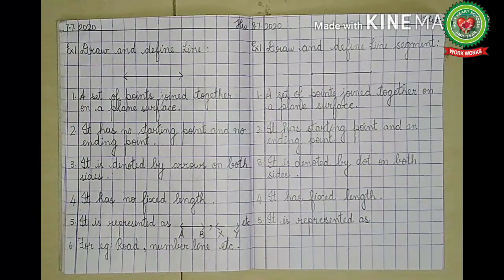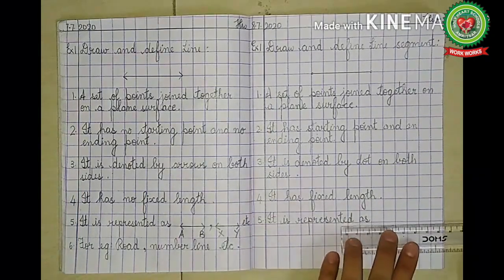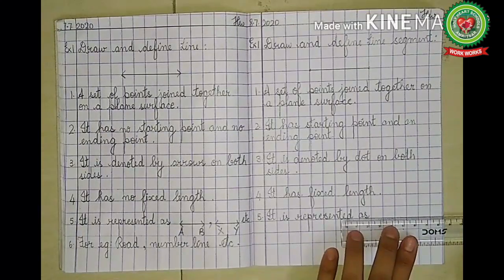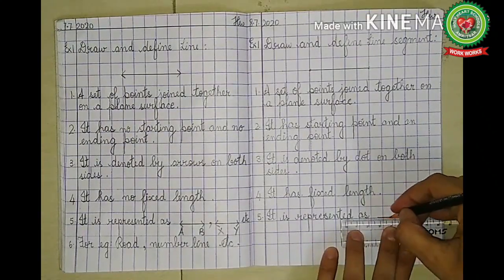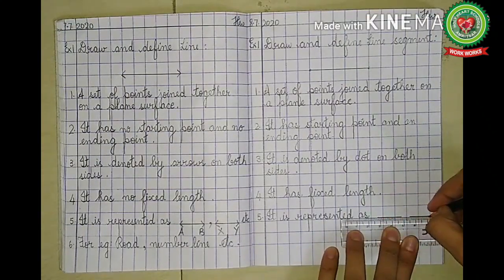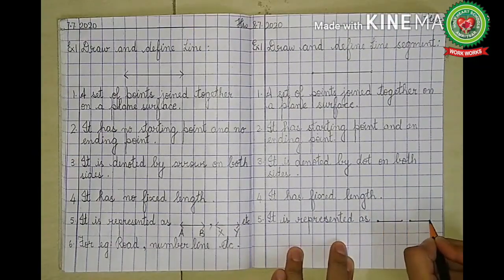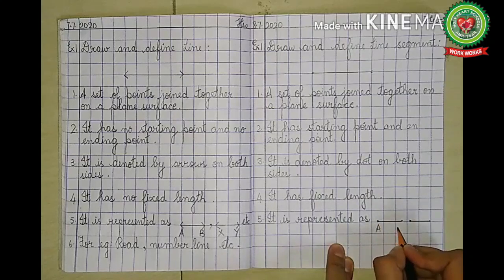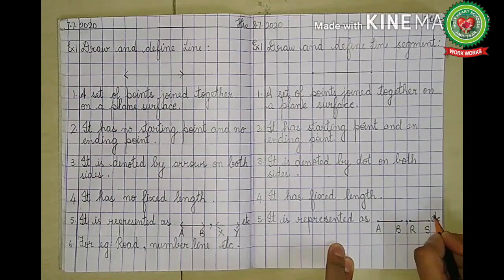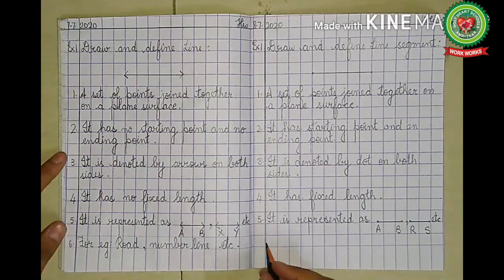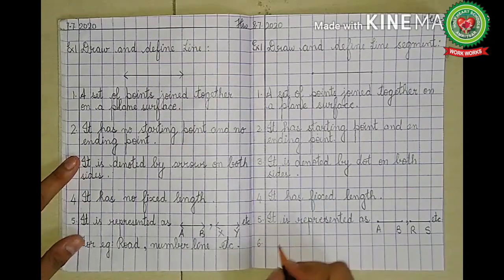Now children, now we will draw line segment like this, and write A, B, or it can be R, S, etc. Leave one line, put number 6.